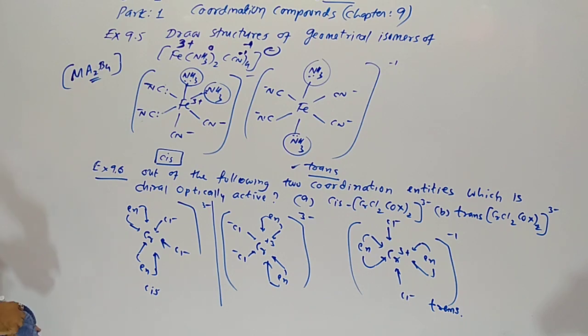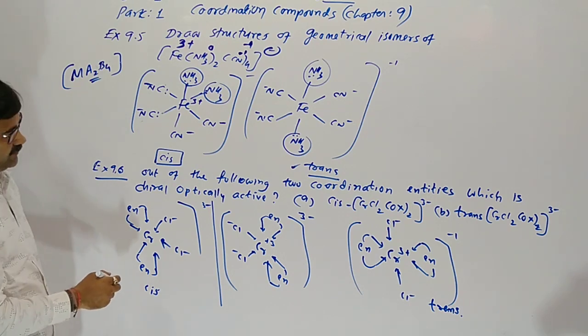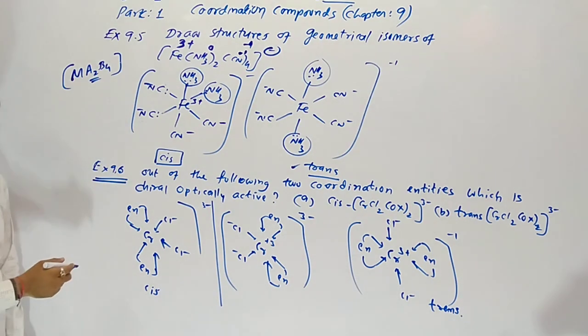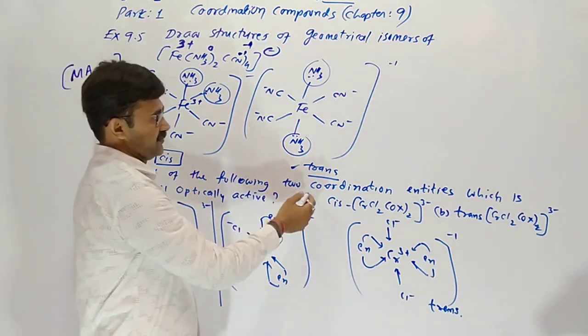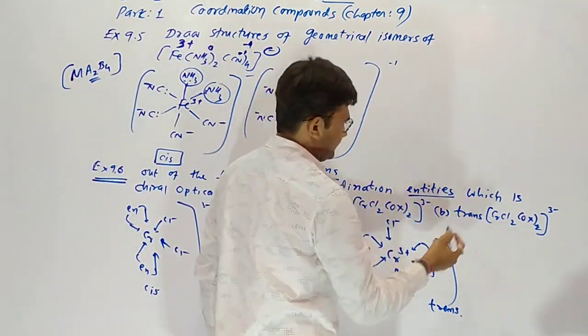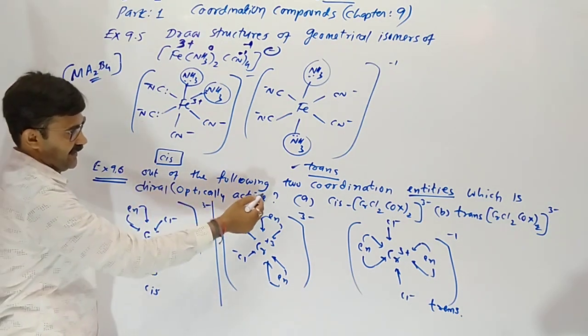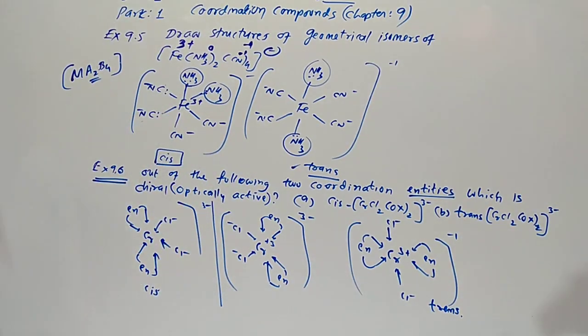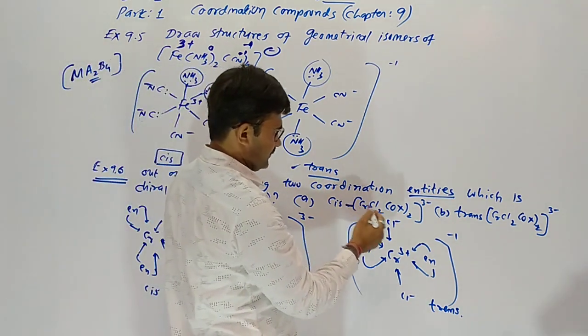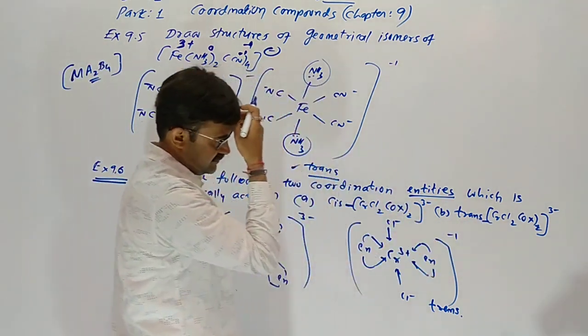This is our answer. Now 9.6. Out of the following two coordination entities, which is chiral, means optically active. Here is a cis and here is trans.